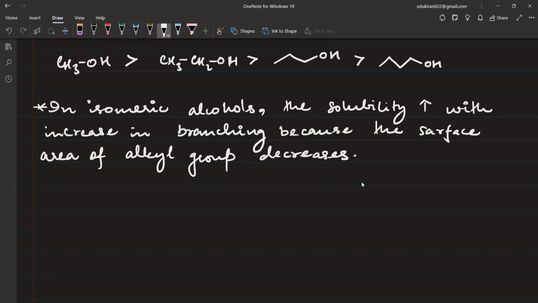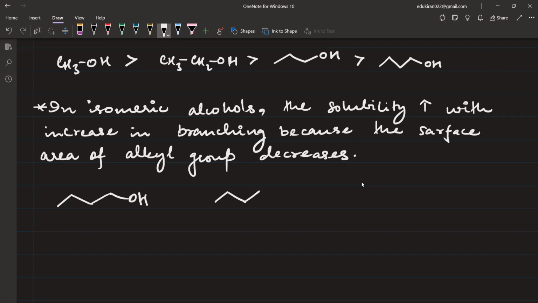That means if the alkyl group is not taking so much area, we will have a larger area for hydrogen bond formation, right? So if the alkyl group is taking less area, we can form hydrogen bonds to a further extent. Suppose we have 4 carbon atoms and then an OH. This is a long chain with no branch.